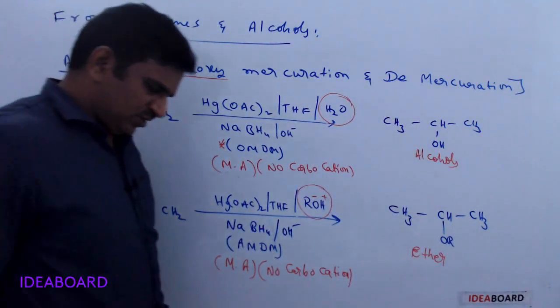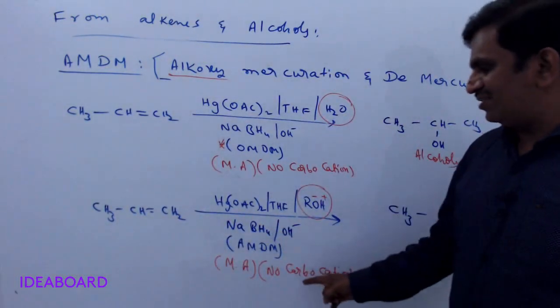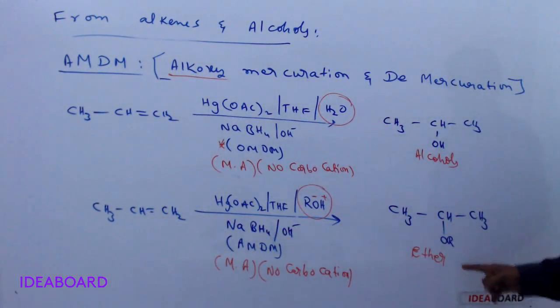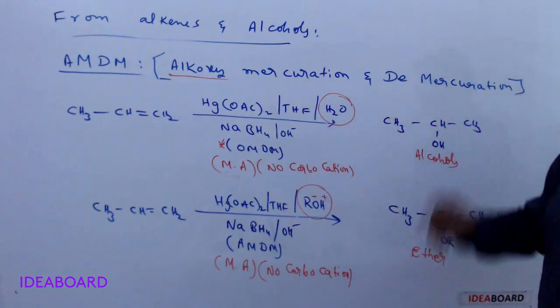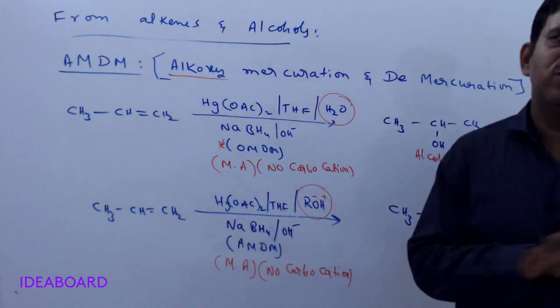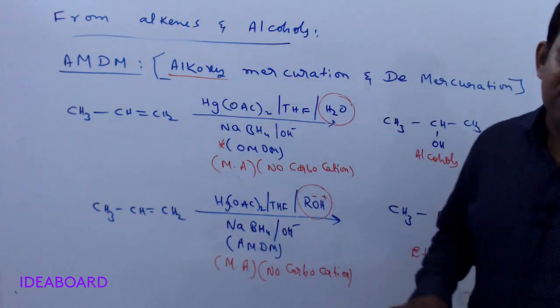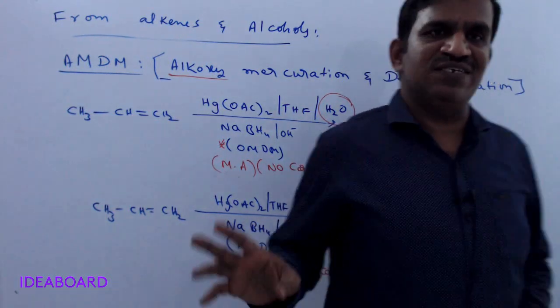Alkoxymercuration and demercuration gives ethers. Oxymercuration, demercuration gives alcohols. Okay, and in both the reactions, no carbocation formation occurs. No carbocation means no rearrangement reaction occurs.